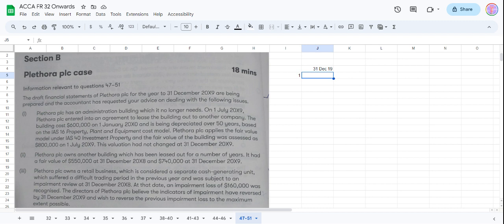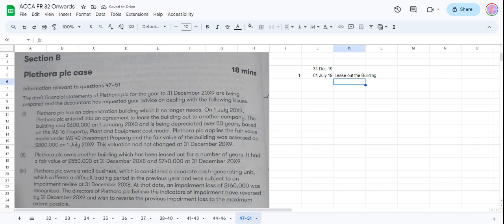So they were using some building for administration, now they don't need it. So on 1st July 19, PP entered into an agreement to lease the building out to another company. So on this date, they are leasing out the building to another company.